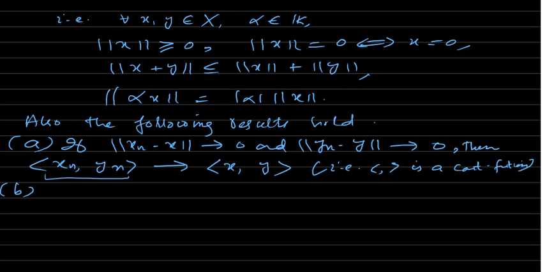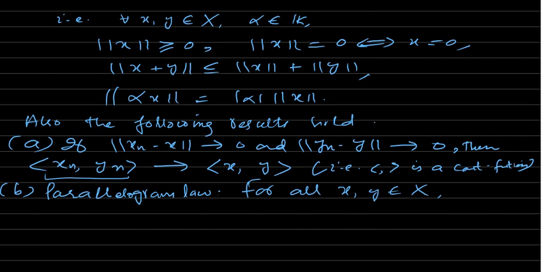Second part is called the parallelogram law. That's very important here in inner product spaces. For all x, y belonging to X, you can think of this as a Pythagoras theorem. Actually it's like that.